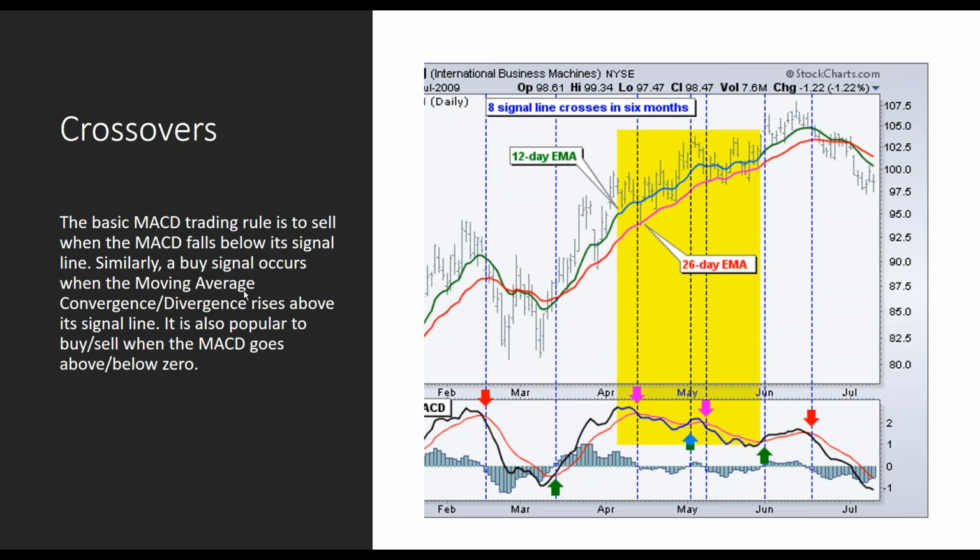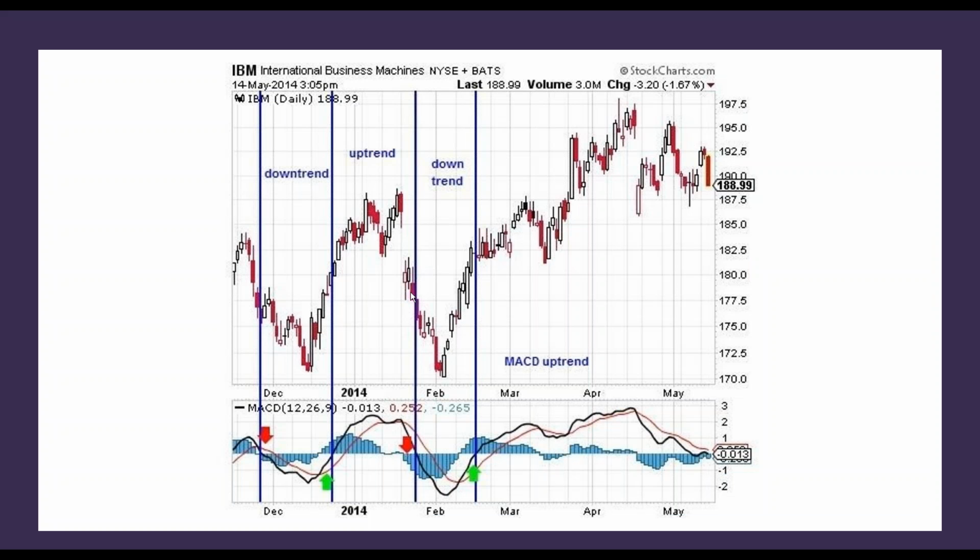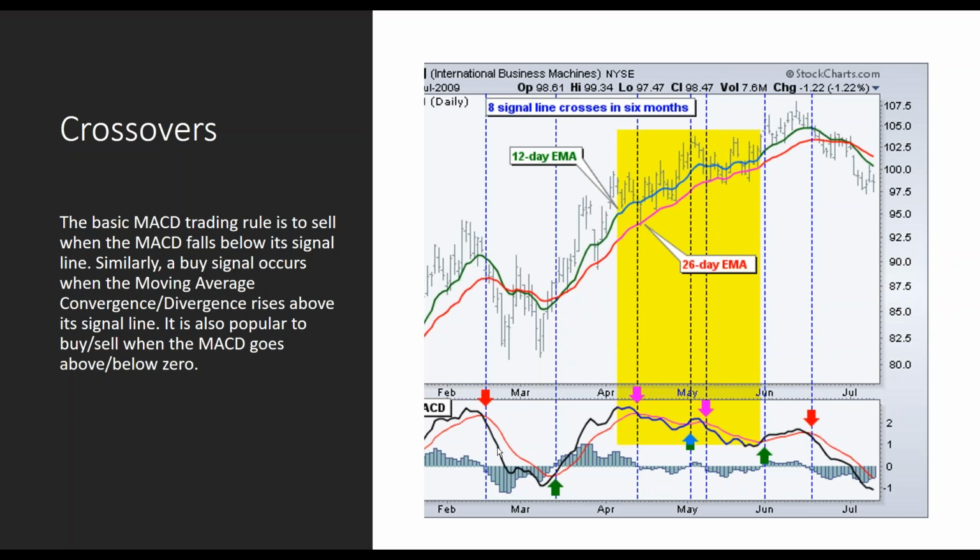When we got this crossover right here on this chart, what happened with price? Price continued to decline. Okay. When we got the opposite over here, and the MACD line crossed above its signal line, here we got a buy signal. What happened here? The market moved up.